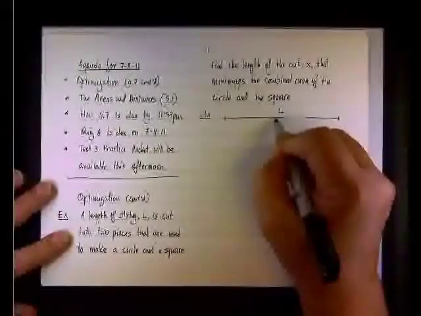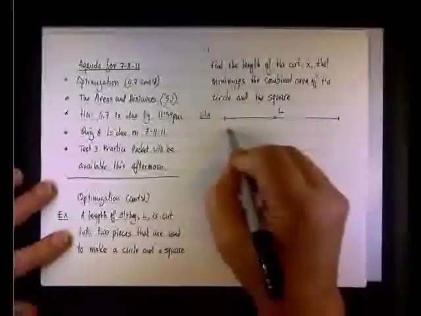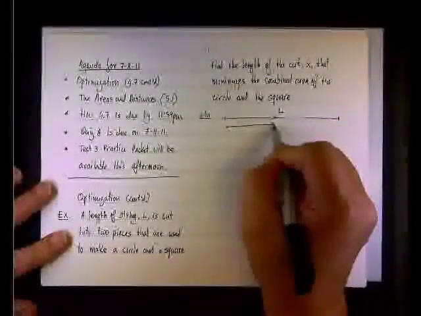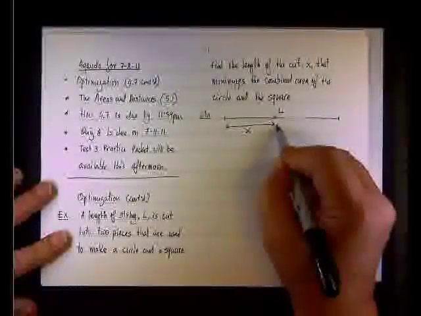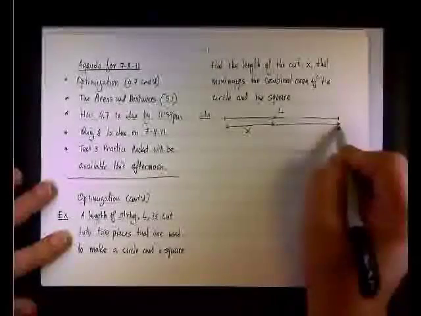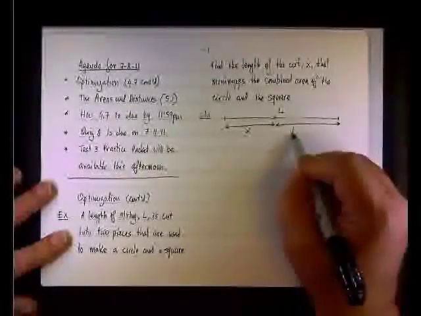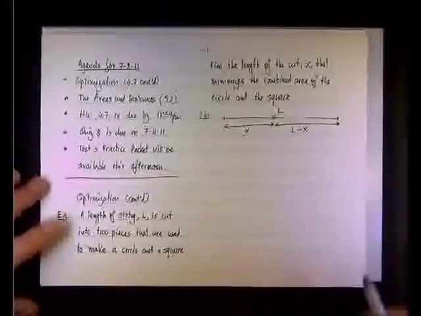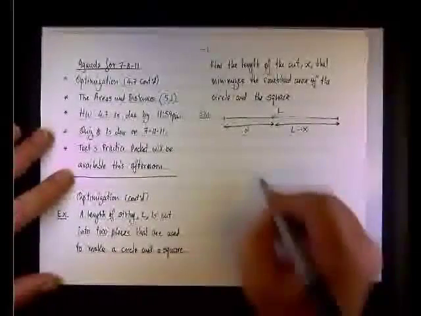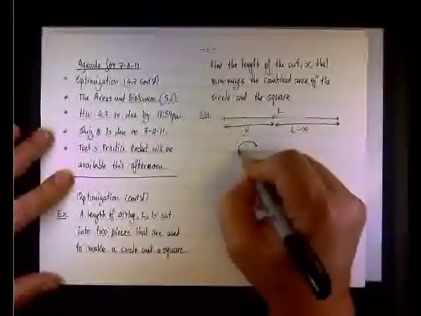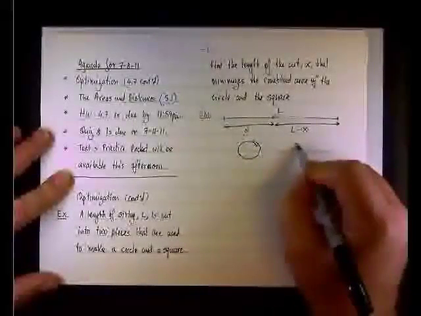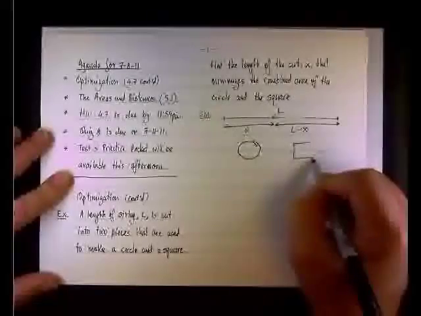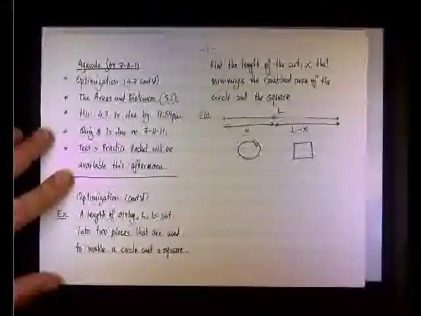Okay? And somewhere here we cut it, right? And then we have now two pieces. One piece is the length of X, and the other piece has a length of L minus X. Okay? Now, we take the first piece and we make a circle. And we take what's left, L minus X, and then we make a square out of it. Okay?